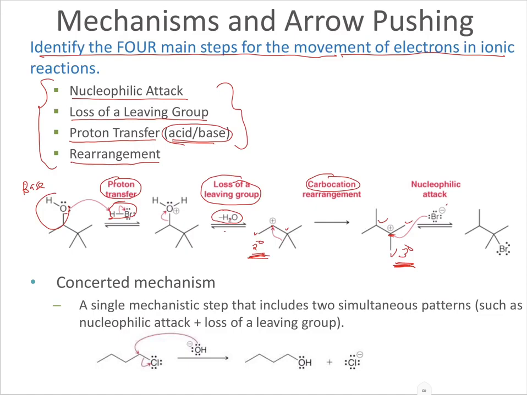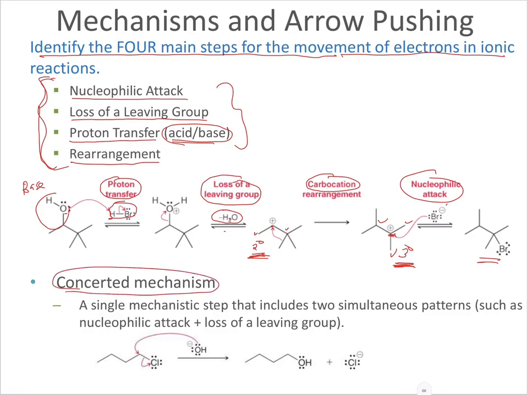So here, this bromine has lone pairs of electrons, so it's going to attack the nucleophile. Then we end up with the product. So every step in a reaction mechanism, we need to be able to identify and classify it as being any of those 4. In some cases, we might have a concerted mechanism.